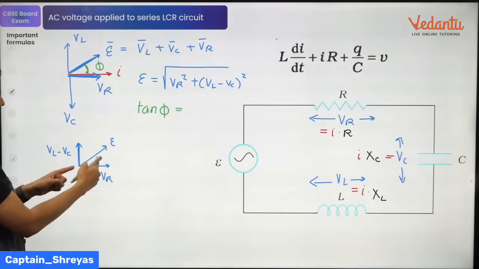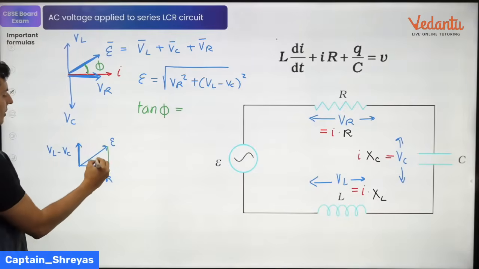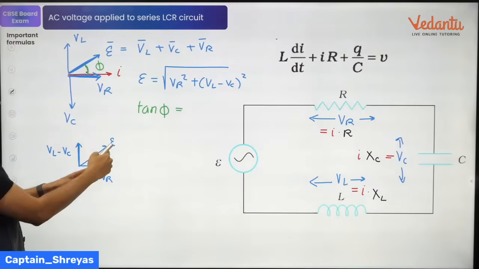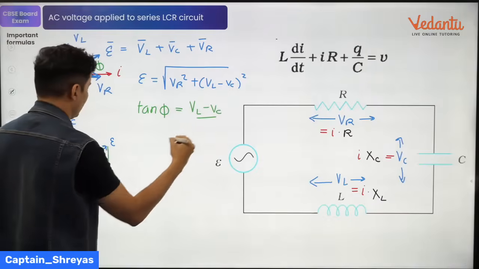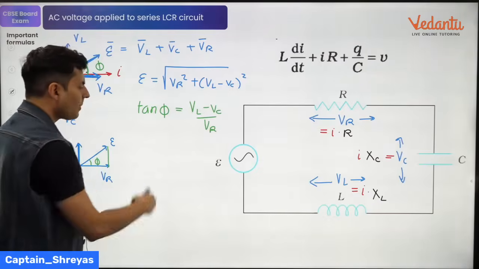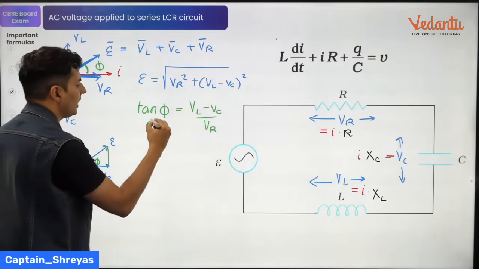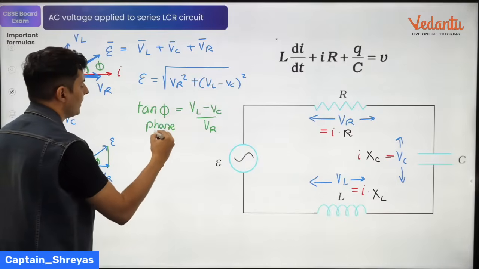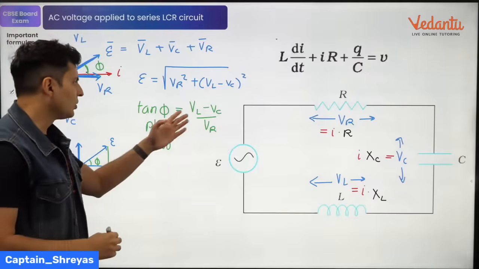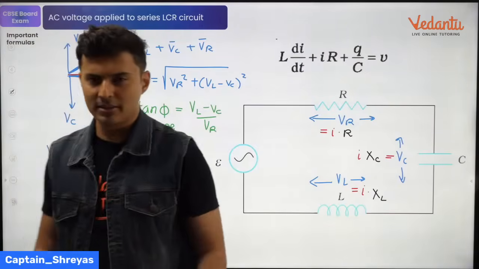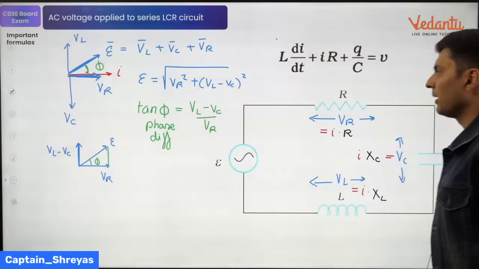So you can find tan phi. You can see over here also this is phi. So tan phi will be opposite by adjacent. Opposite will be VL minus VC. Adjacent will be basically VR. So that's how you can find the total phase difference in that particular AC circuit. So using simple trigonometry, guys, geometry is simple. Nothing great about it.